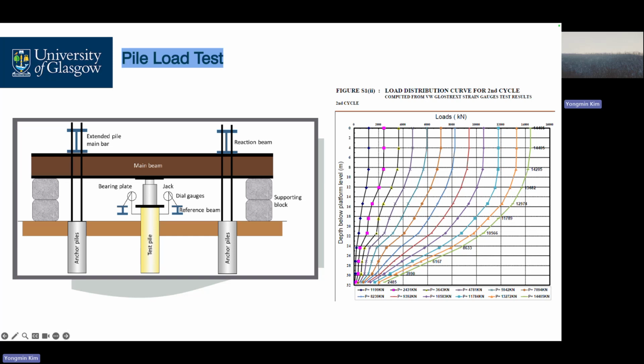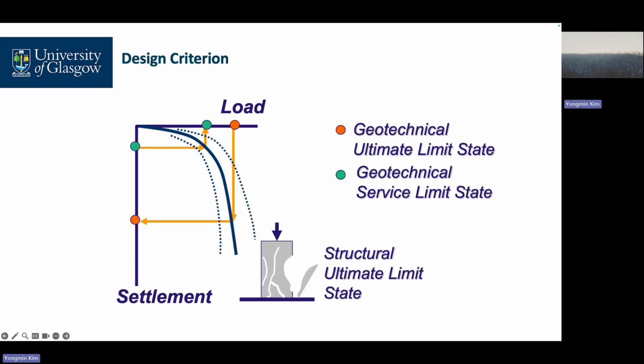I don't want to talk too much today because one day we will deeply discuss this. So this is the load, this is settlement. When you increase your load, your pile settlement increases.